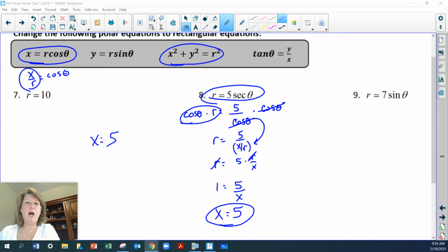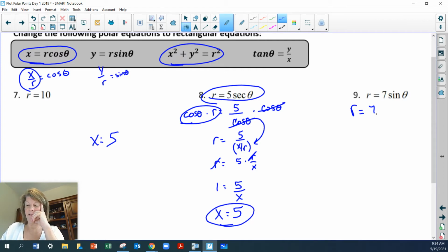Okay, for the next one, I have r equals 7 sine theta. So let's do that same conversion. Let's say r equals, if I divide by sine, equals 7. Sine is r... R sine, that's not going to work. Sine is y over r, isn't it?